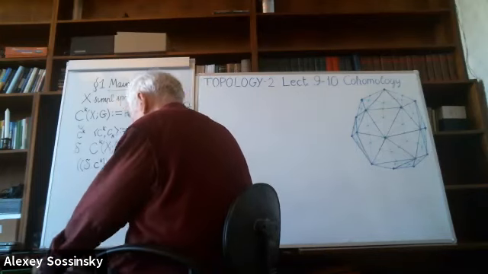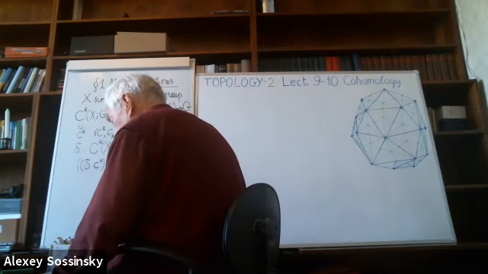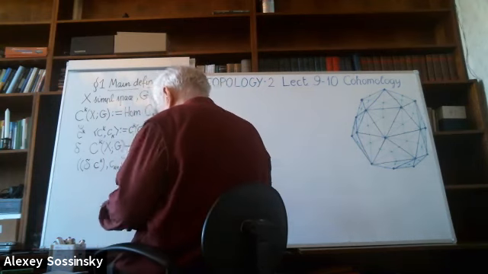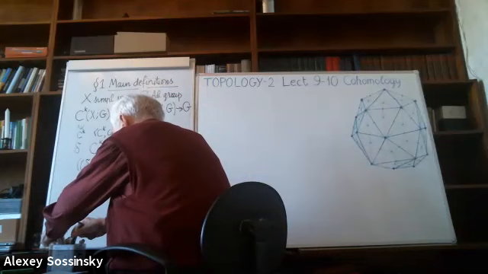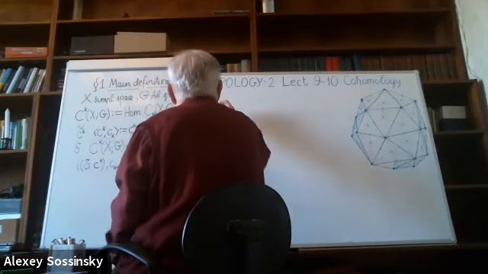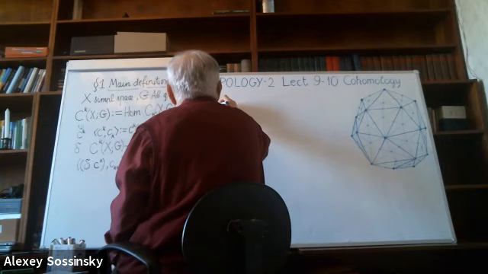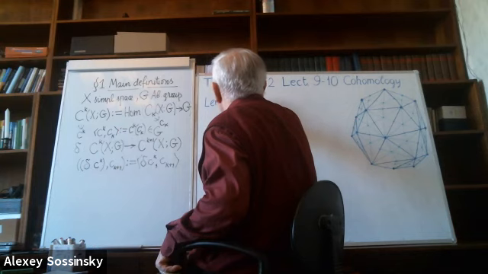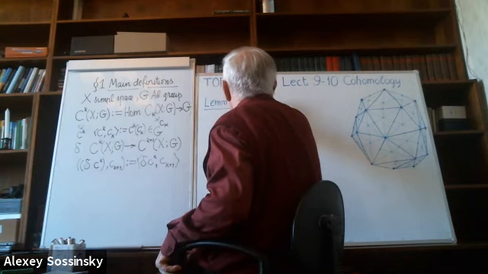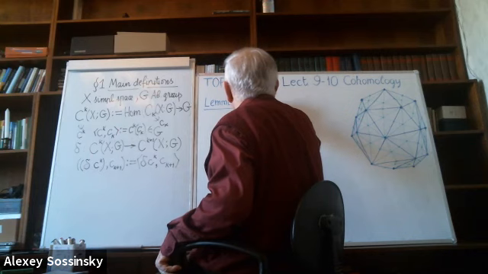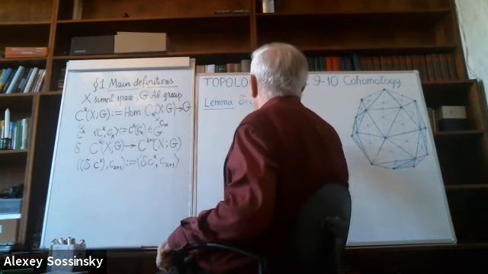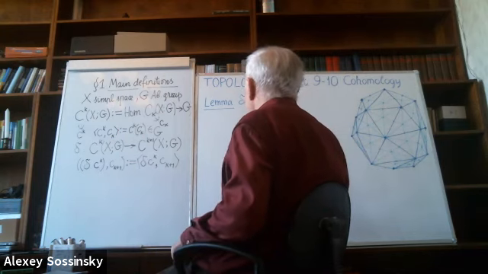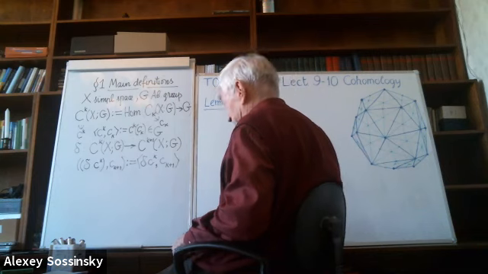And now we have the following lemma, which is a kind of Poincare lemma. And it says that if we do the coboundary operator twice, then we always get 0. So let me give a proof of this.